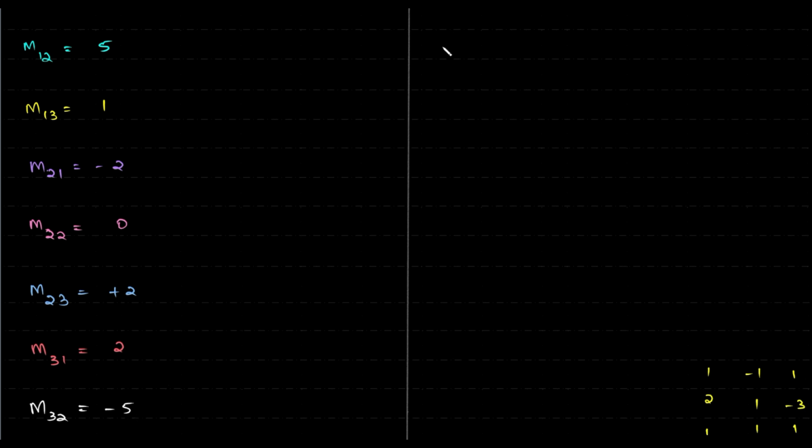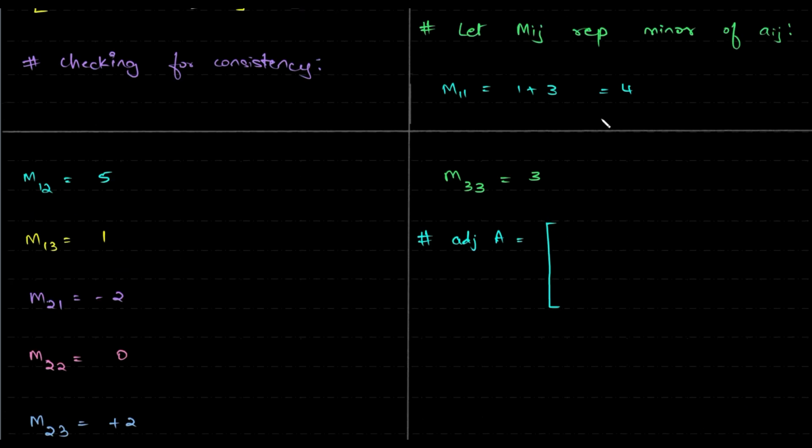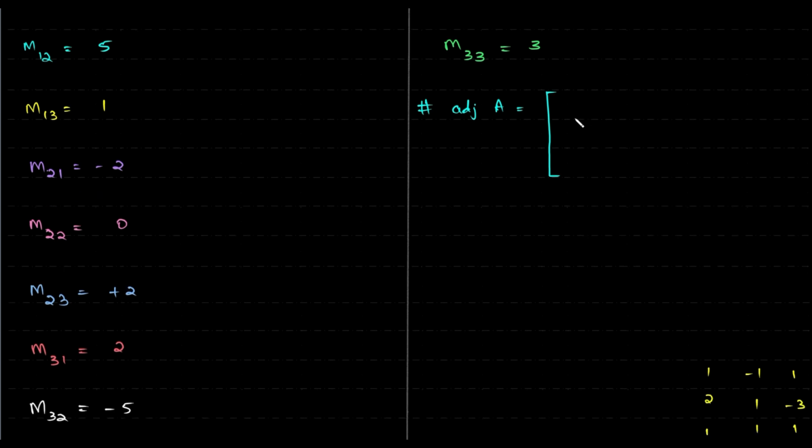And finally we have M33, that would be 1 plus 2, that is 3. And then we can find the adjoint of A. So the trick is we have to write the minor first. Just write it, don't think about the sign. So that would be 2, minus 5 and 3.